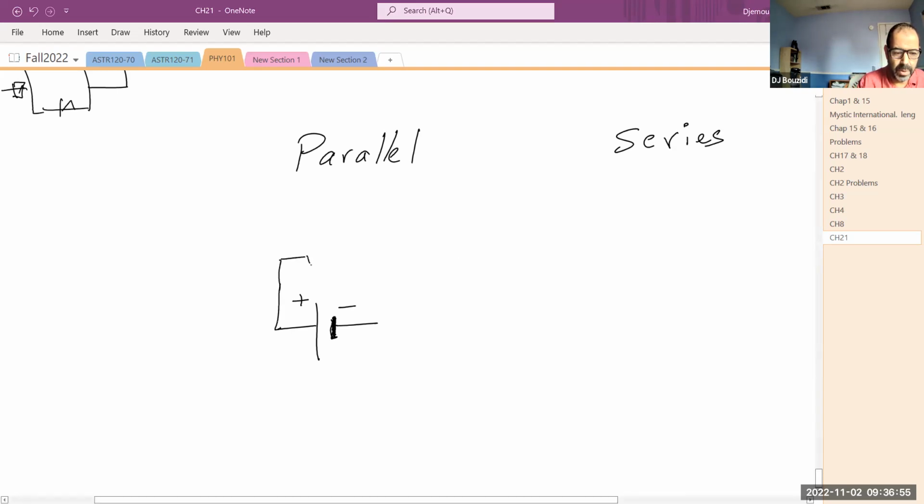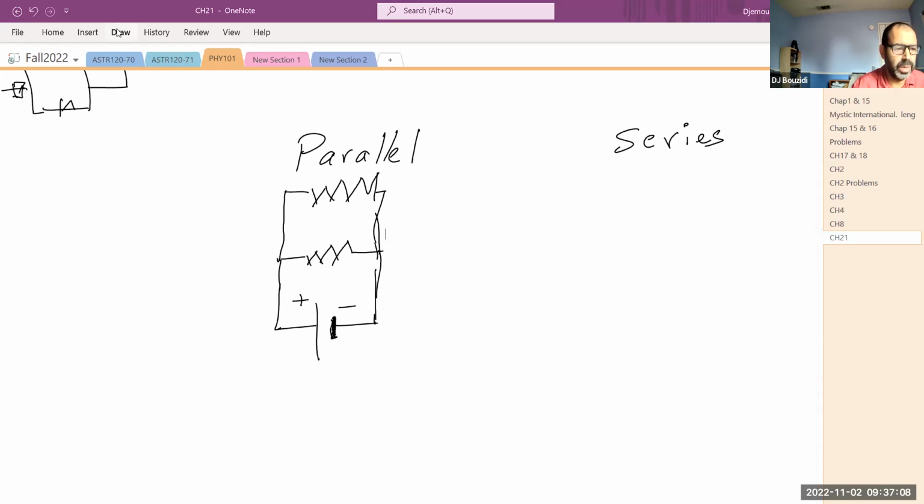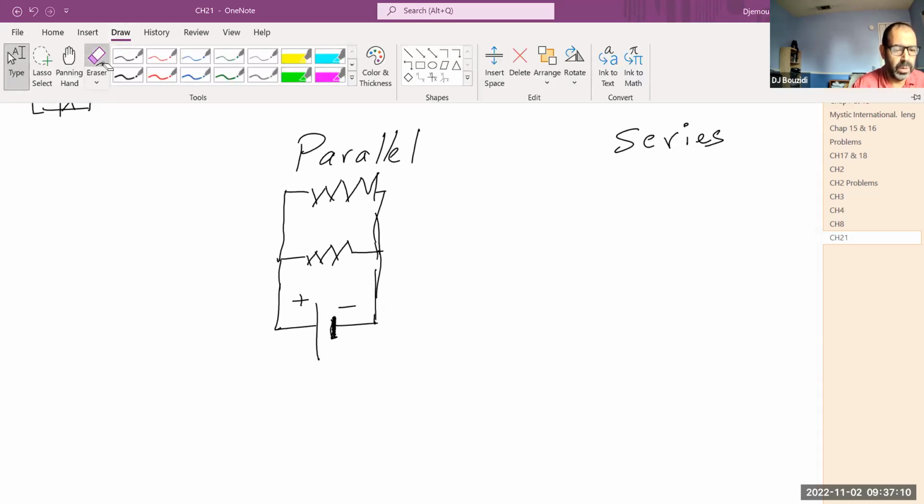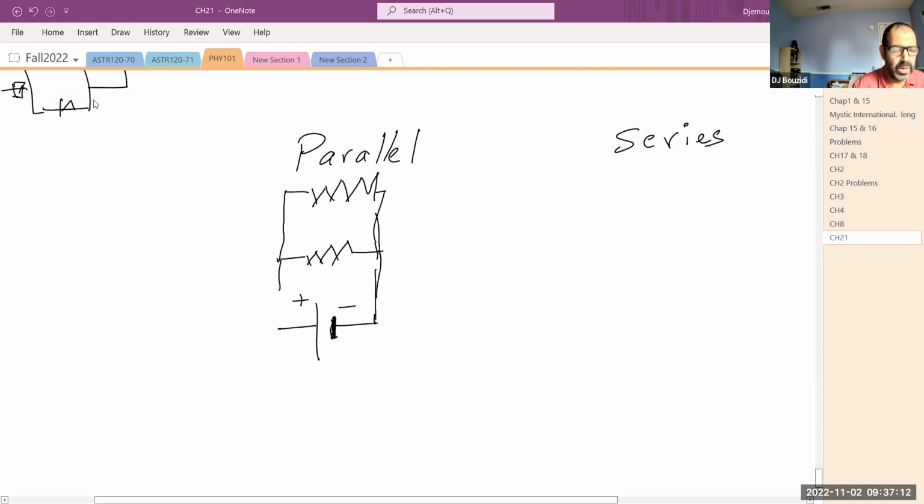So I have a component in here. And to repeat the stuff that we did in the lab, we're going to just have the same values. Obviously, there is another thing that I forgot to include in the picture, and that was the switch.